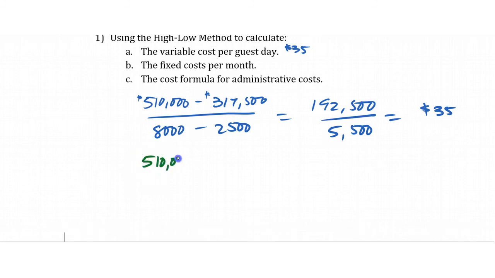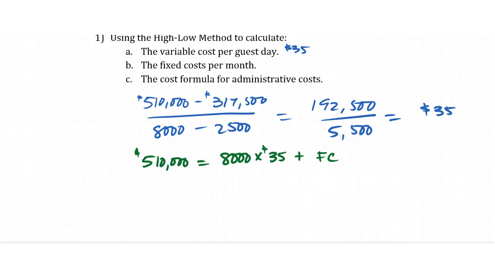So 510 is the total cost, and that equals my high volume, 8,000 guest days, times $35, that's variable cost, plus FC, which is fixed cost, so I don't confuse you with another X. So I go ahead and multiply that out.